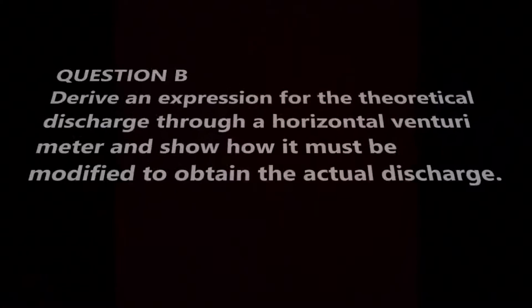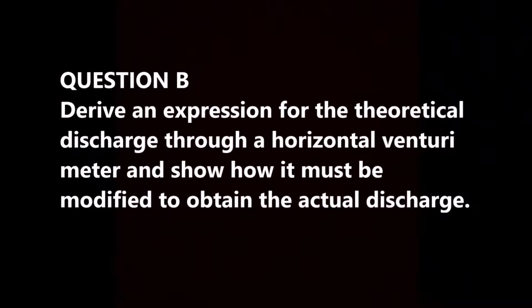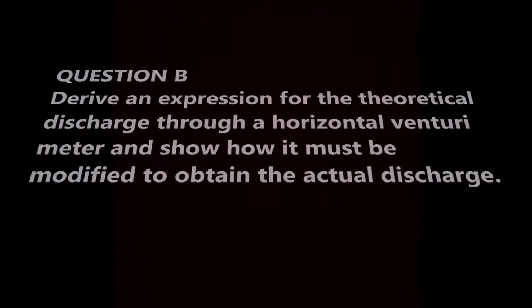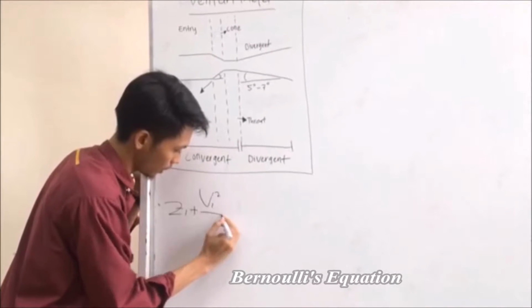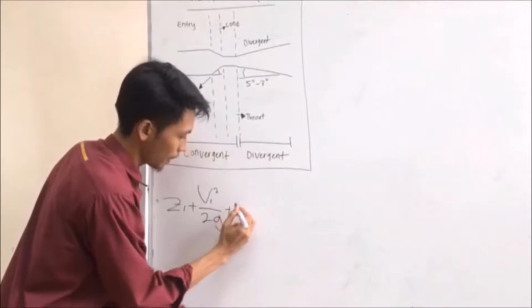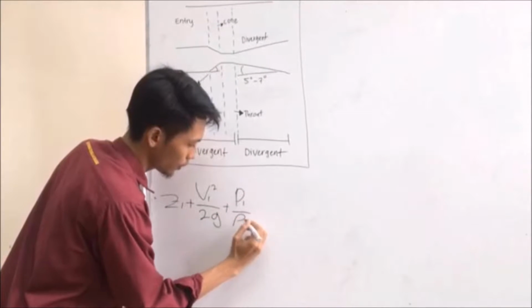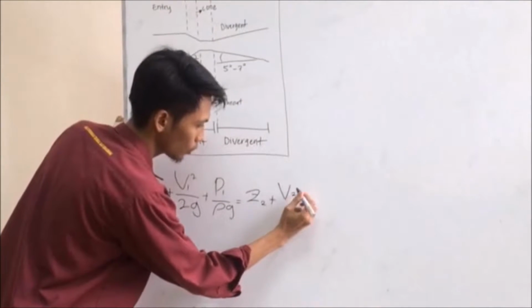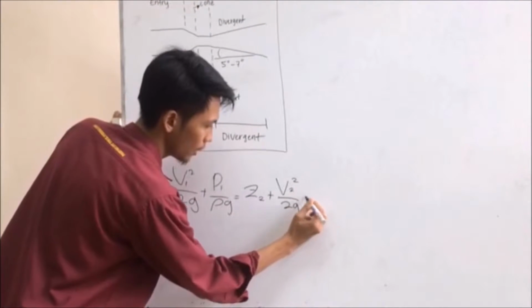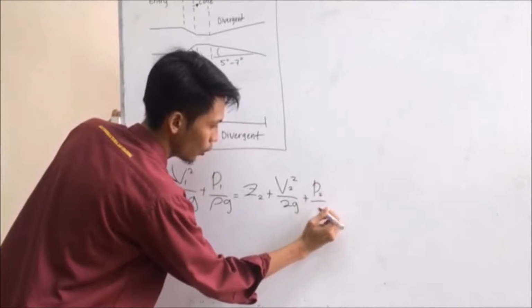Question B. Derive an expression for the theoretical discharge through a horizontal Venturi meter and show how it must be modified to obtain the actual discharge. Z1 plus V1 squared over 2g plus P1 over rho g is equal to Z2 plus V2 squared over 2g plus P2 over rho g.